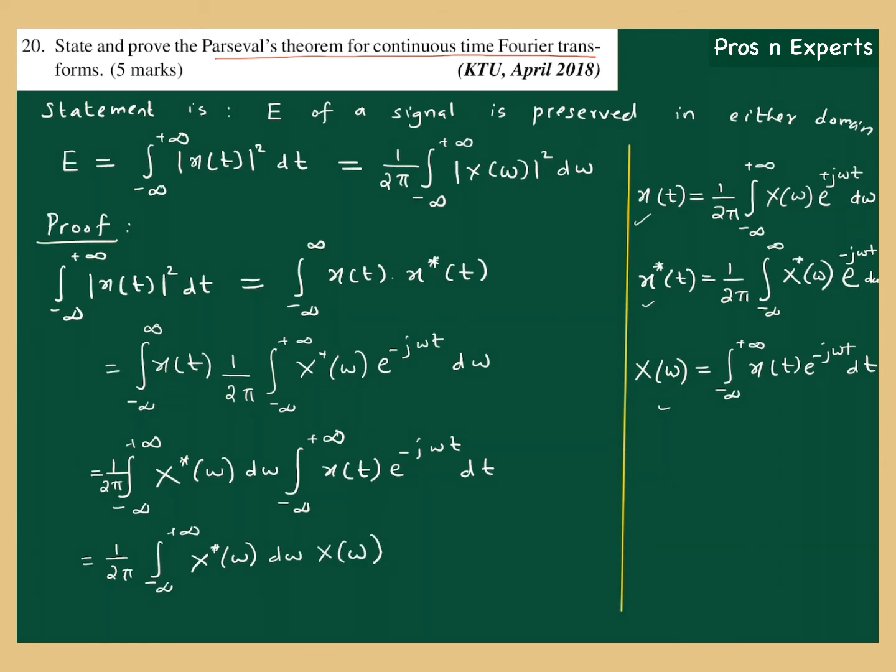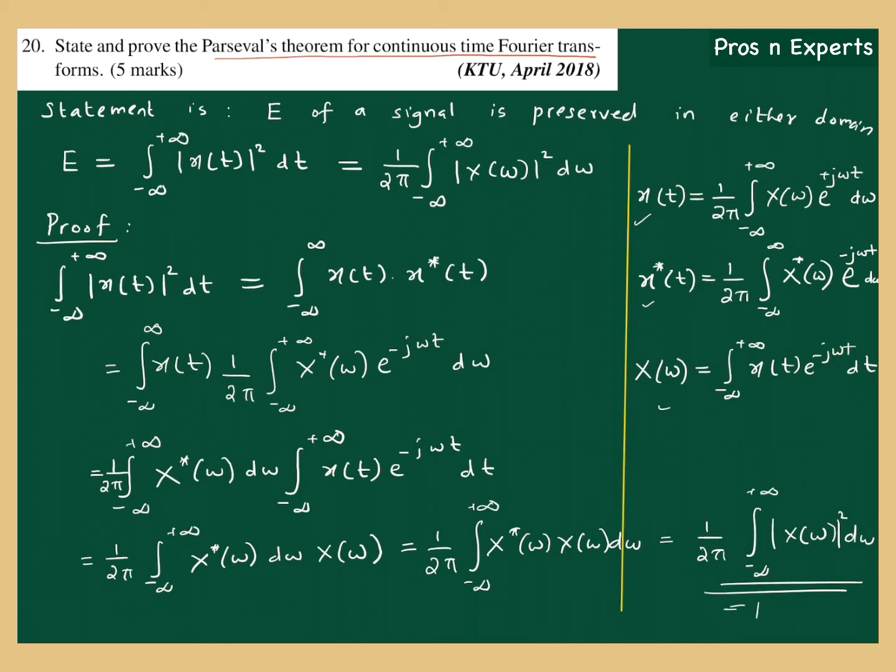Now this is very simple: 1 by 2 pi integral from minus infinity to plus infinity x star of omega into x of omega d omega, which is nothing but 1 by 2 pi into the integral from minus infinity to plus infinity. What is x star of omega into x of omega? It is always mod x of omega the whole square d omega. So that is the RHS, and we have proved the theorem.